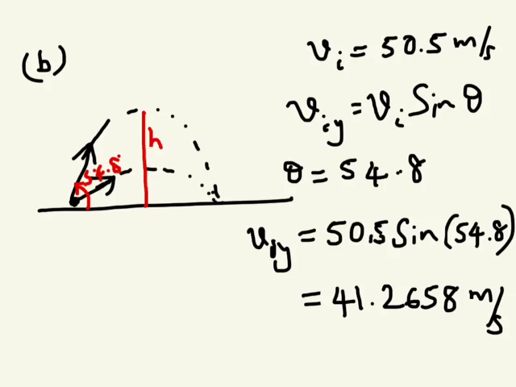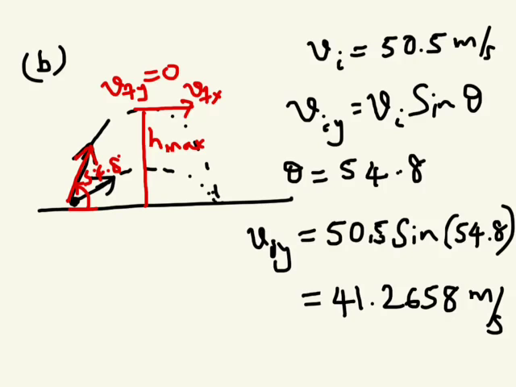So we'll just go ahead and calculate max height for this. And like for any max height problem, you recognize that the velocity at the top is only in the horizontal direction. So v final y is 0 at the very top, whereas you do have an x velocity which is the same as the x velocity here, right?